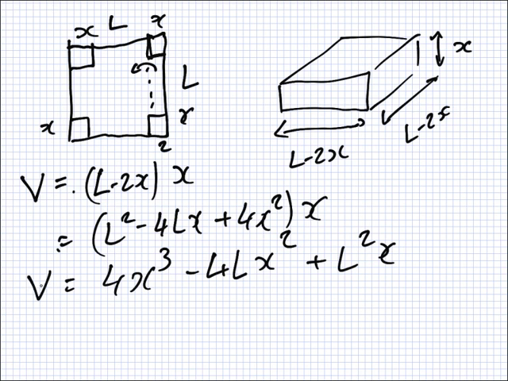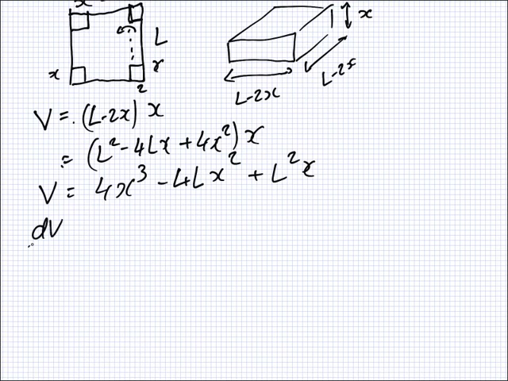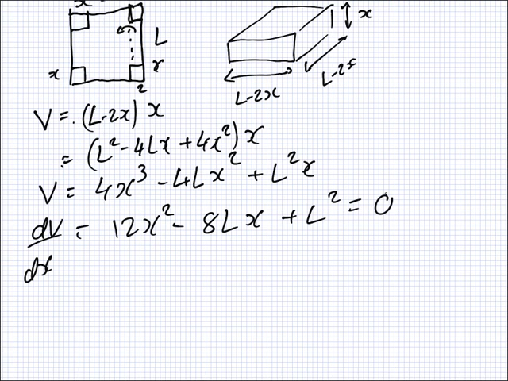That's the volume. But we need to differentiate next to get the maximum. So that will be 12x squared minus 8Lx plus L squared equals 0.